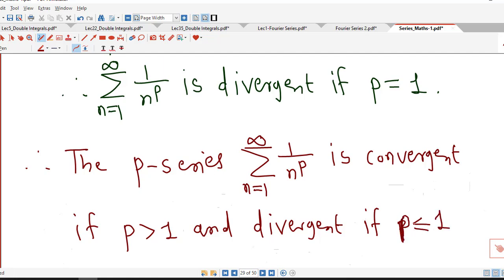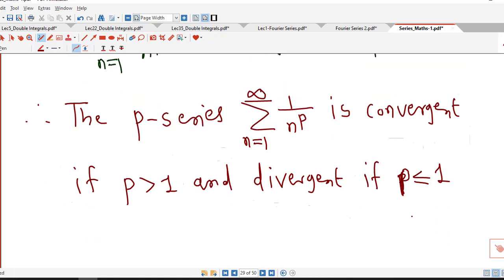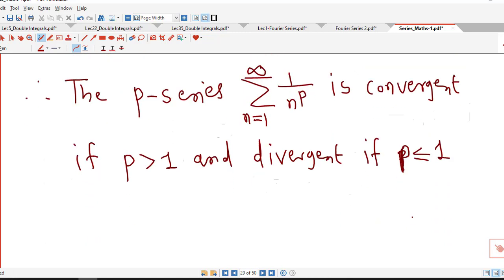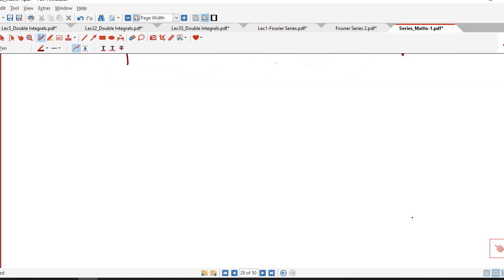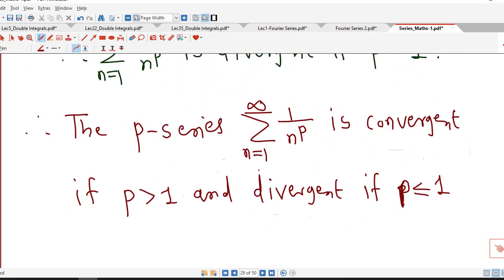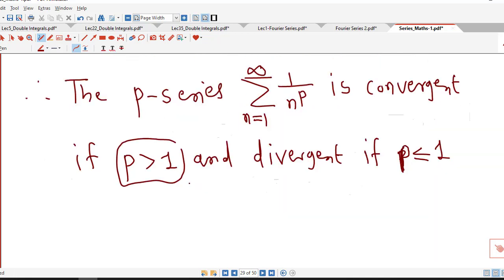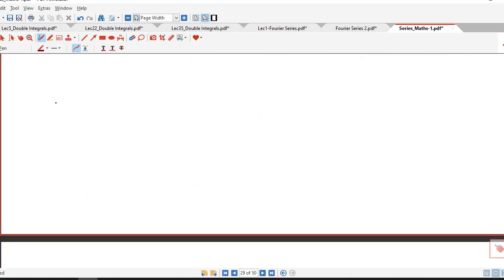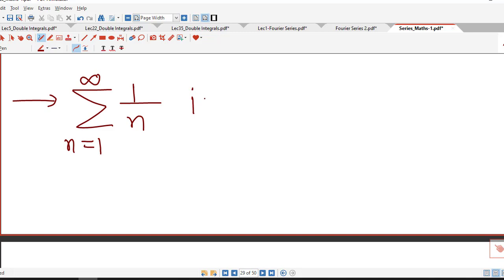So we will remember this important result. This p series is convergent if and only if p is greater than 1. We are going to use this series frequently in upcoming lectures. We noted in the above example that sigma n equal to 1 to infinity of 1 by n is divergent because the power p is 1.